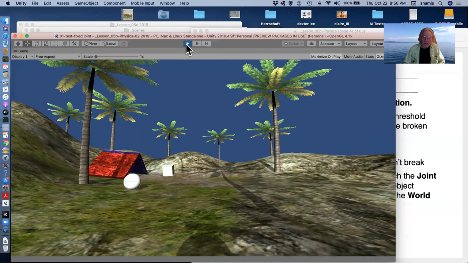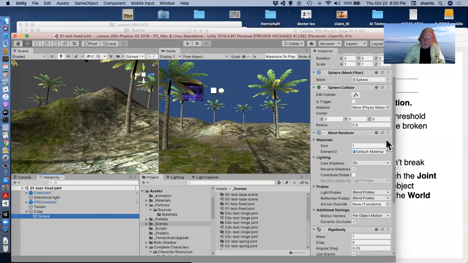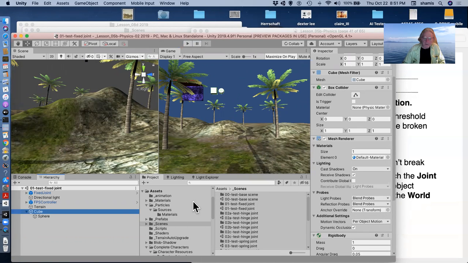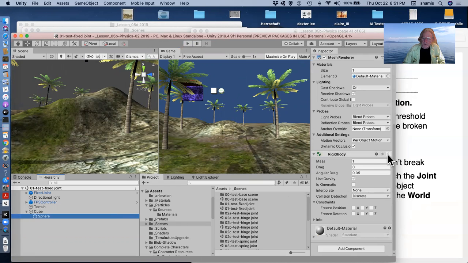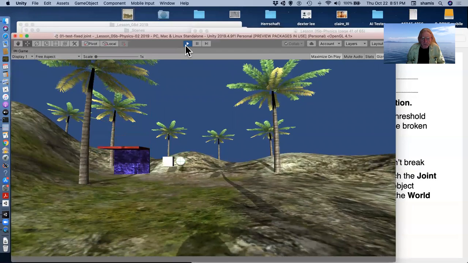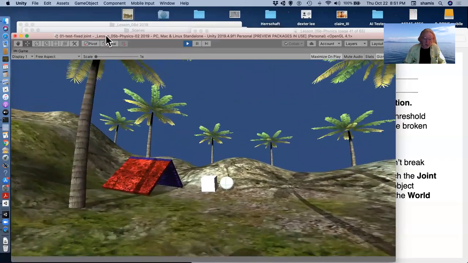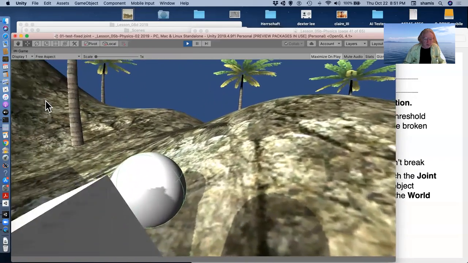That's because they're individually rigid bodies being controlled by the physics engine. If I take the rigid body out of this sphere, I'll take that rigid body off. And now the cube is a rigid body, and the sphere, as a child of that, is now part of the rigid body.